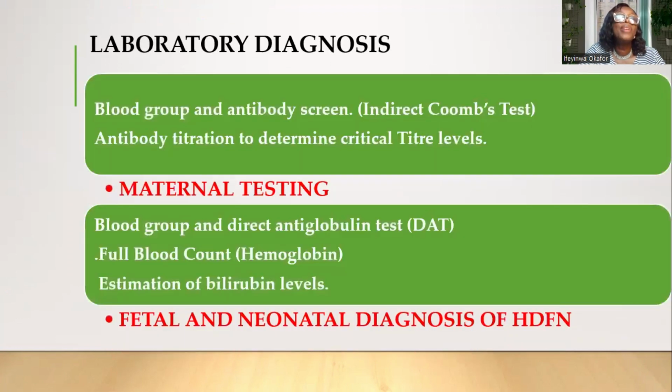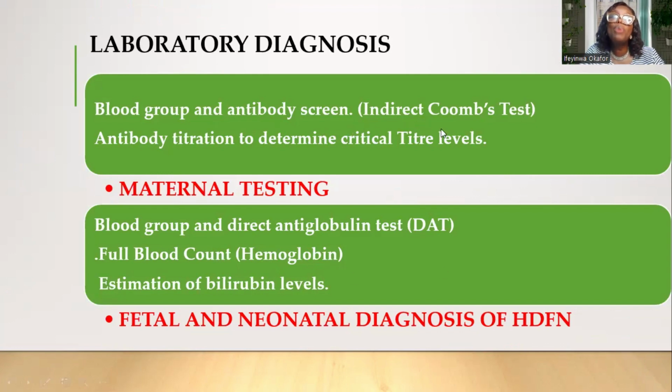Now, let's have a closer look at laboratory diagnosis of hemolytic disease of the fetus and the newborn. We have the maternal testing and the fetal and neonatal diagnosis. For the maternal testing, you do the blood group and then the antibody screen.